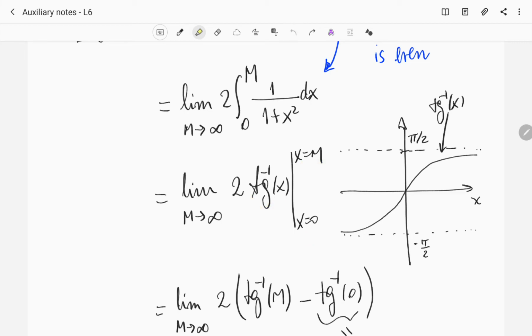So at m, maybe m is here, so we have this inverse tangent of m, which of course we cannot really say the value because we don't know which value takes m. It's just a general variable for us now. And then we have the inverse tangent of 0, which is 0.